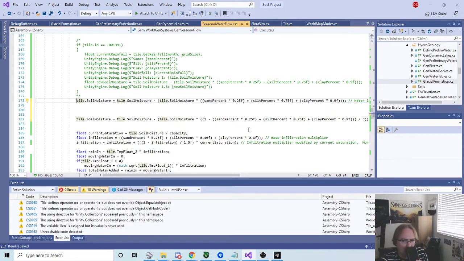Yeah, I have it backwards here. No, I don't. It's right. Or is it? Yeah, it's supposed to be 1 minus those values.